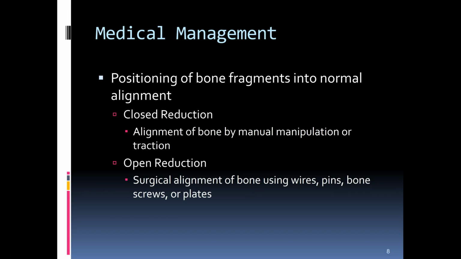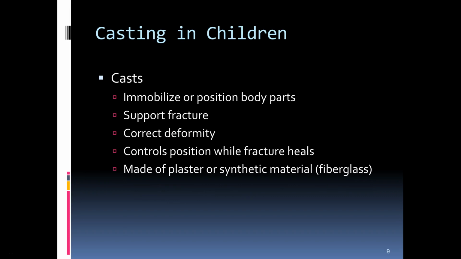An open reduction does involve surgery, and it can have wires, pins, screws, or plates. So there's actually hardware going into the bone. You also want to pay attention to fractures across the growth plate, because they can impact growth later on if they don't heal properly.